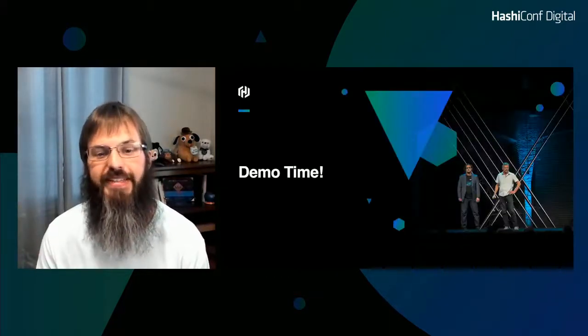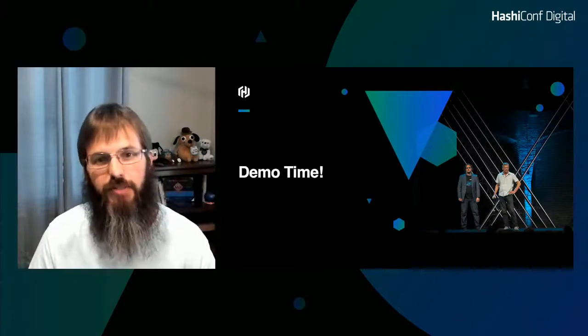Okay, so enough with the slides. Let's dive into some demos and really show you the power of how we can make use of policy as code to enable our own workspaces for our organization.